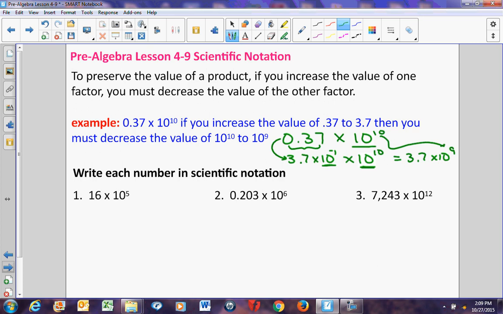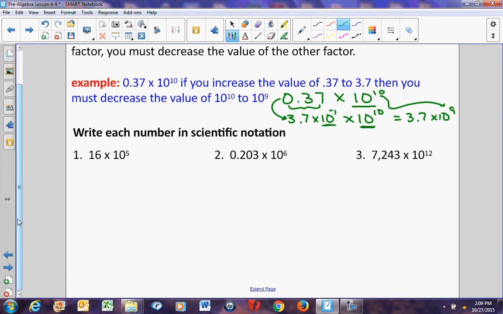Okay, so let's write the following numbers in scientific notation. 16 times 10 to the 5th. Well, 16 would be written as 1.6. This number got smaller, so basically 16 becomes 1.6 times 10 to the first power. And we already have a times 10 to the 5th power.